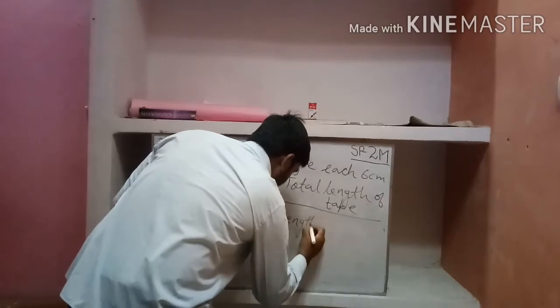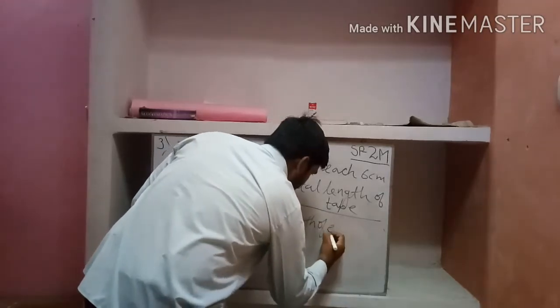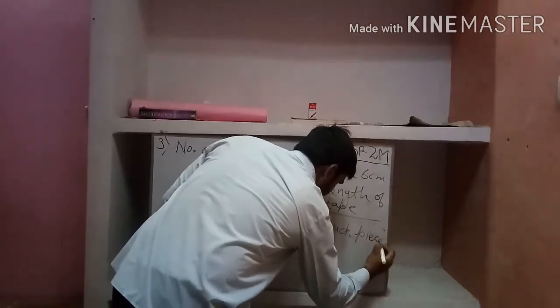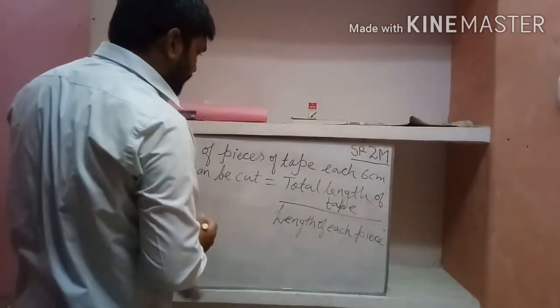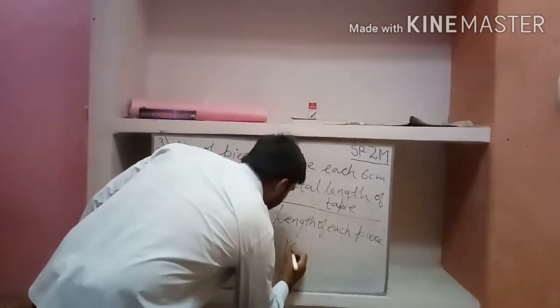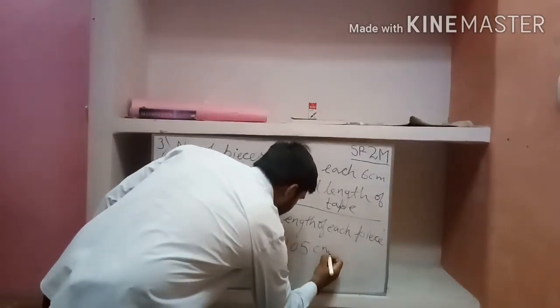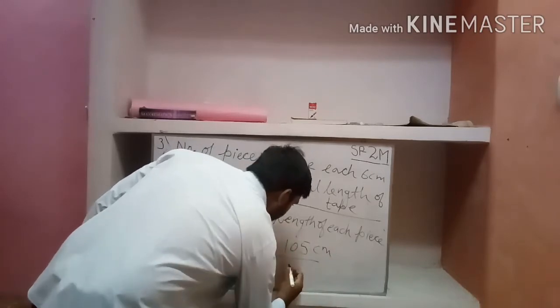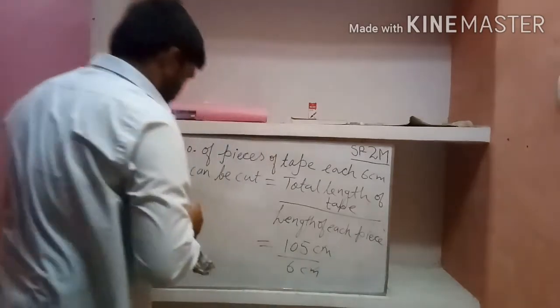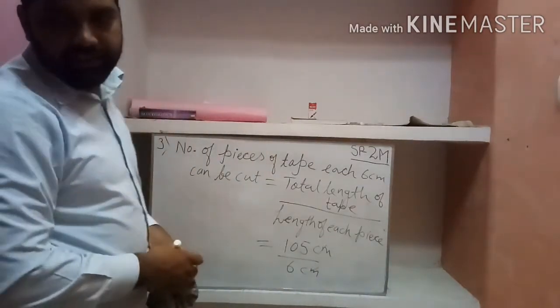Okay. So what is the total length? Total length we got 105 centimeter. And length of each is 6 centimeter. Now the unit is same, cancel. Now you divide 105 by 6.